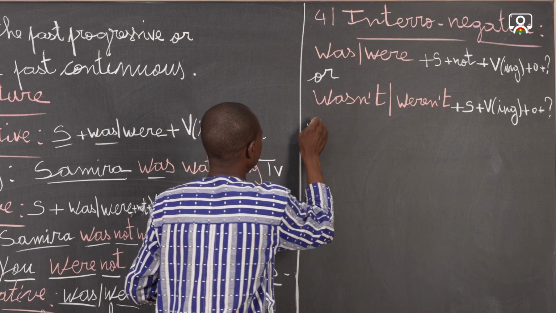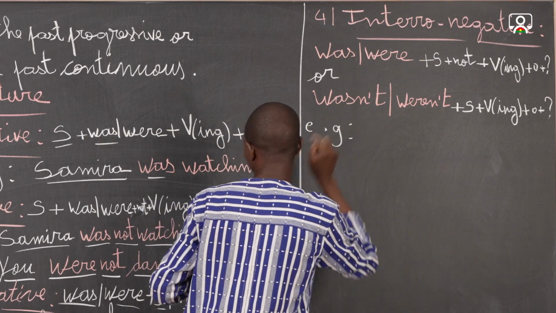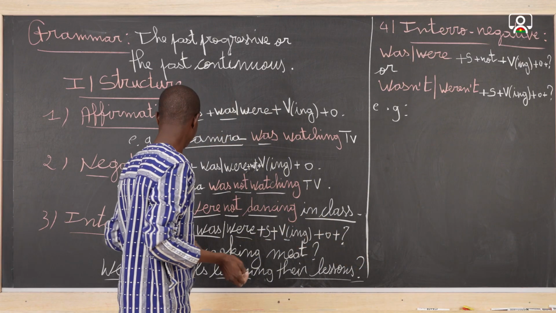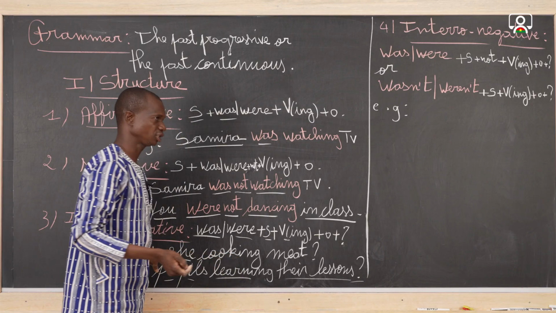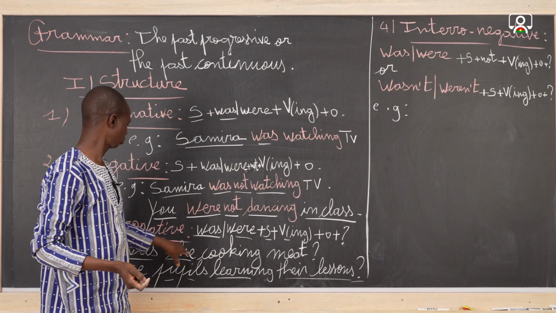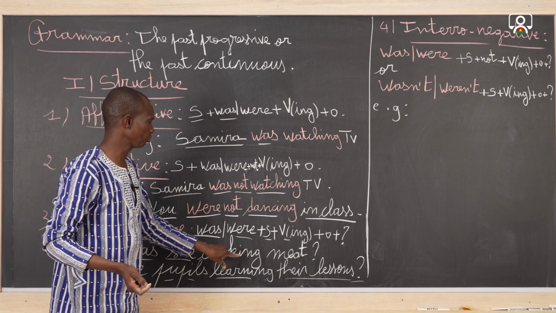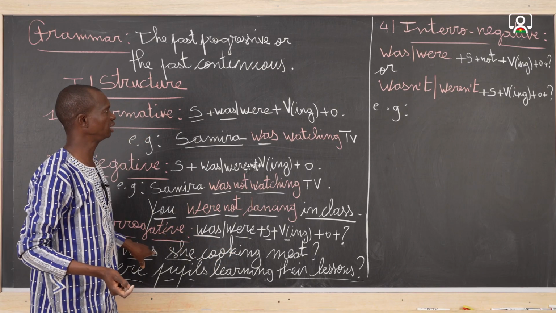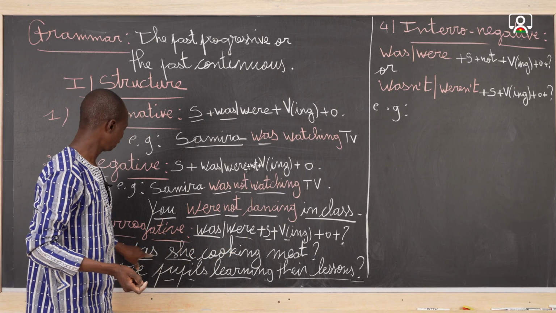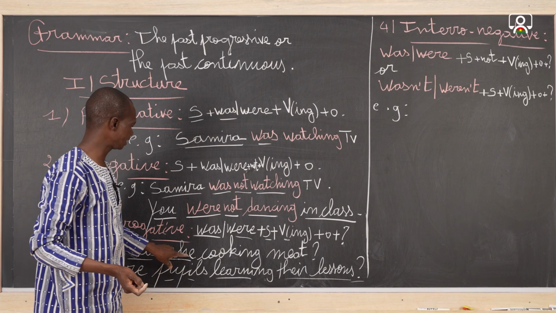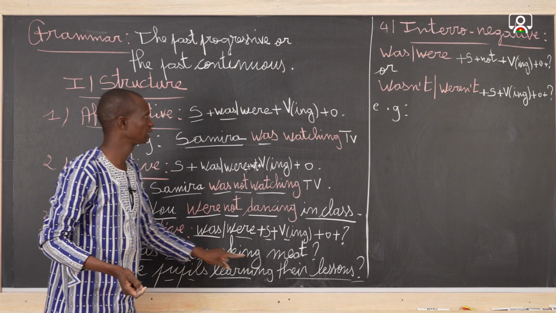Okay, then let's give some examples. Before giving the examples, we can try and turn this sentence into the interrogative negative form. Was she cooking meat? What can be the interrogative negative form of this sentence? It is, was she not cooking meat?